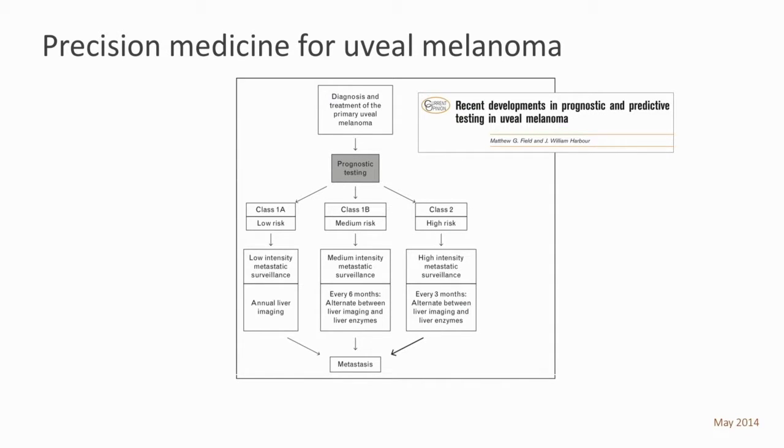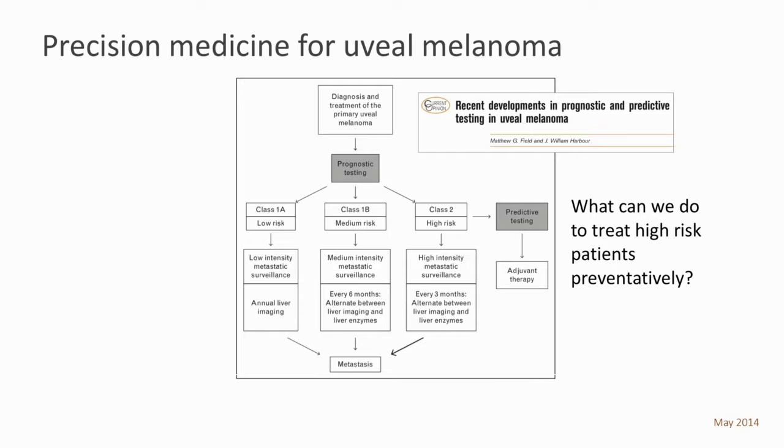We can use this information now in routine patient care for the stratification of systemic surveillance, with the 1As getting low surveillance and the Class 2s getting high intensive surveillance for the early detection of metastatic disease. But we'd really like to take these high-risk patients and treat them preventatively, not waiting for them to develop metastatic disease.